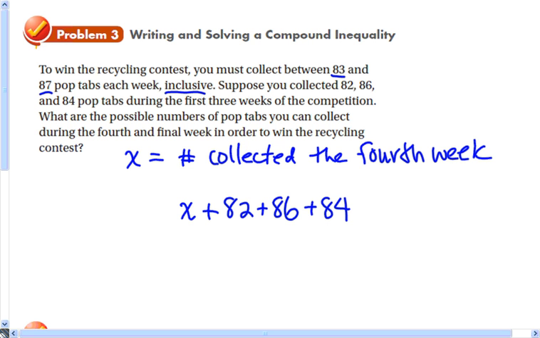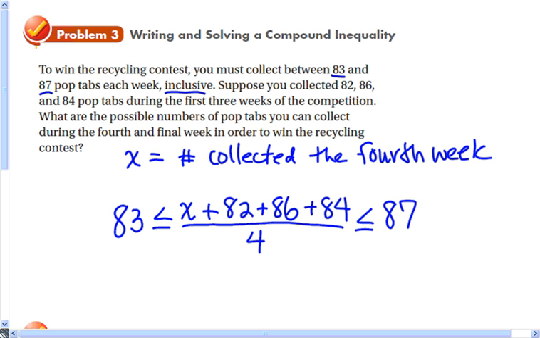And the total collected, divided by the number of weeks, which is 4, has to be between 83 and 87 inclusive. We can represent that with an inequality by showing that 83 must be less than or equal to that number, and that total divided by 4 must be less than or equal to 87.